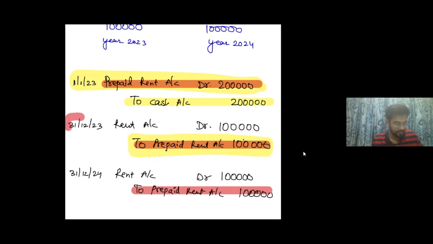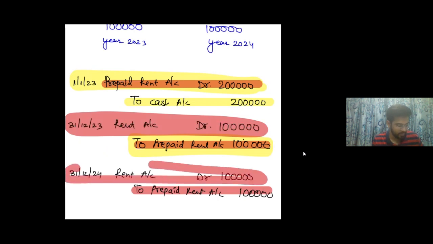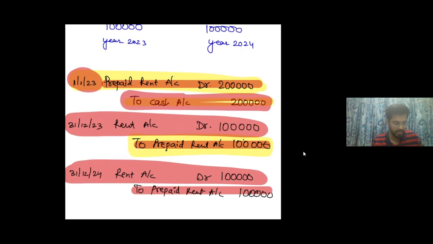So this rent expense has been booked in 2023 as per the process which we wanted, and this rent has been booked in the year 2024 for which it relates to. Now my whole accounting treatment is correct. The cash was gone on the day one, that is 1st of January 2023.